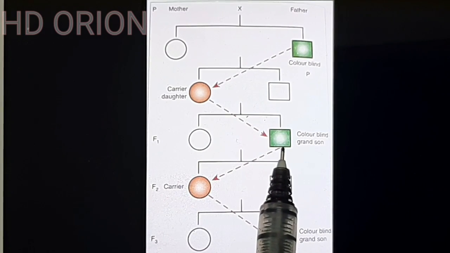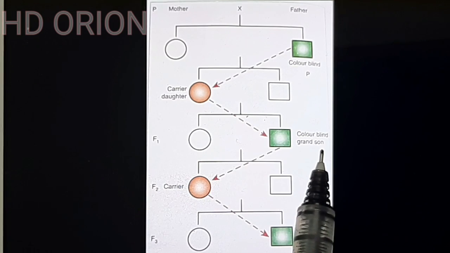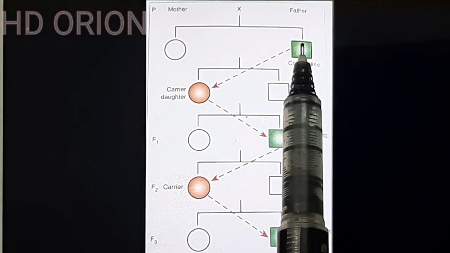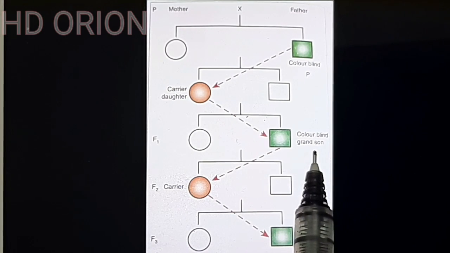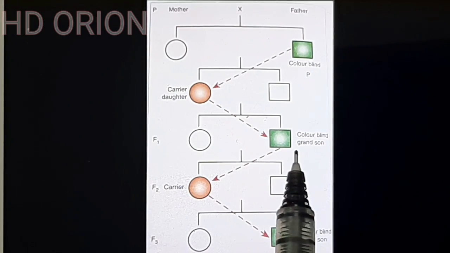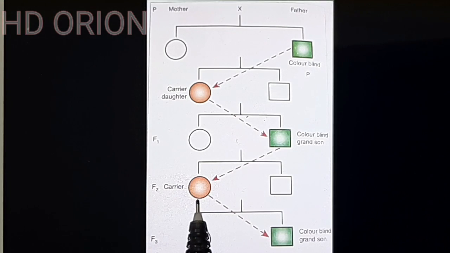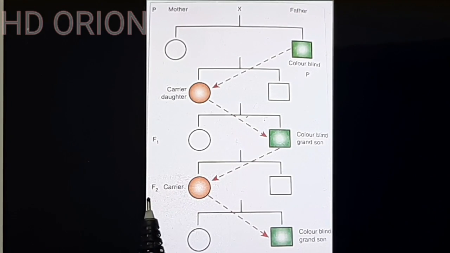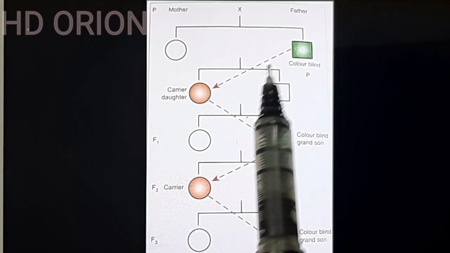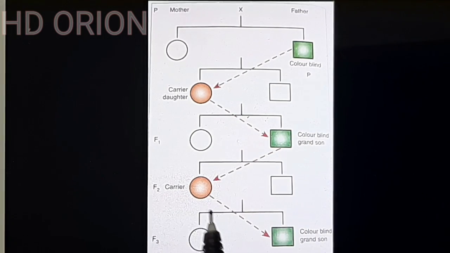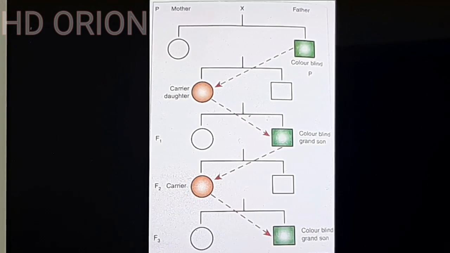Now this gene is received by the son, so he becomes a colorblind grandson. So from the male, when it is received by the grandson, it is called criss-cross inheritance. Again, if it is received by a female in the F2 generation, she would be a carrier. But if the same gene is received by a son, he would be colorblind. So you can see this pattern. This is known as criss-cross inheritance.